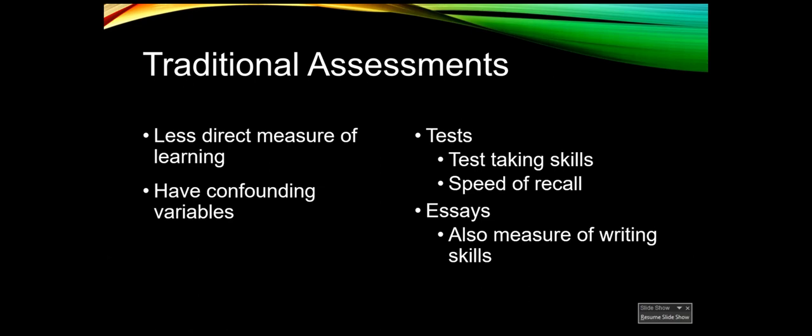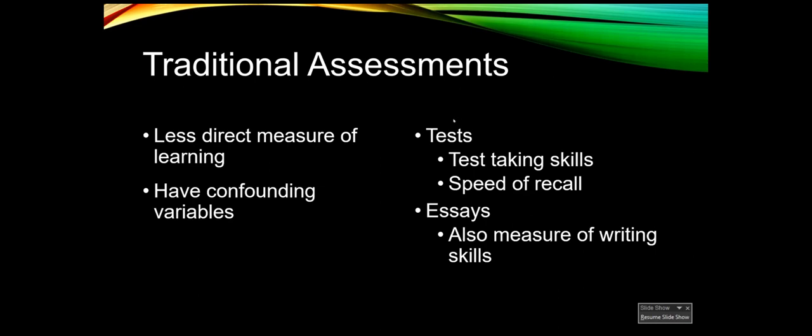Other students just didn't have the test-taking skills, and so I wasn't fairly assessing their biology knowledge. I was essentially assessing what high school they went to, and that's a problem. And anything essay-based also assesses writing, which again, is just a confounding variable. Not to say that these aren't important, but when I want to identify what a student knows, I needed something where I could directly assess what they know.